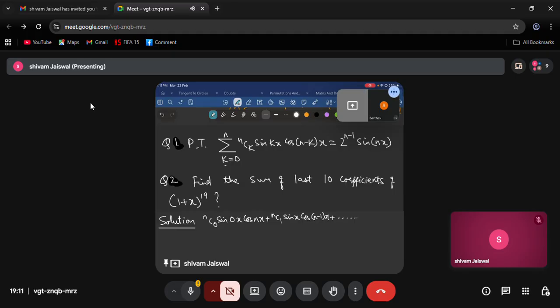Then let us call it S. Let us write down S once again, but in the reverse order now. So nCn sin nx cos 0x plus nC1 sin (n-1)x into cos x plus dot dot dot. This will be equal to S.